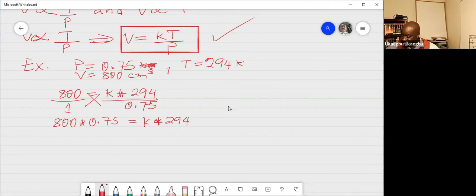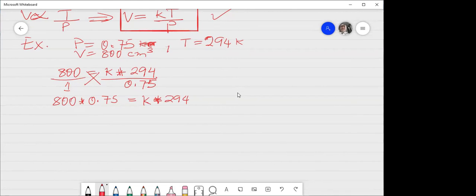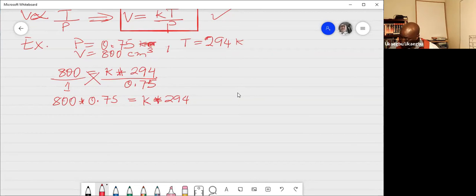What's the next step? We're looking for K. You would divide both sides by 294. Exactly. So now you divide, and this crosses out, so you're left with K on the right side. Now punch in the numbers to get the value of K.